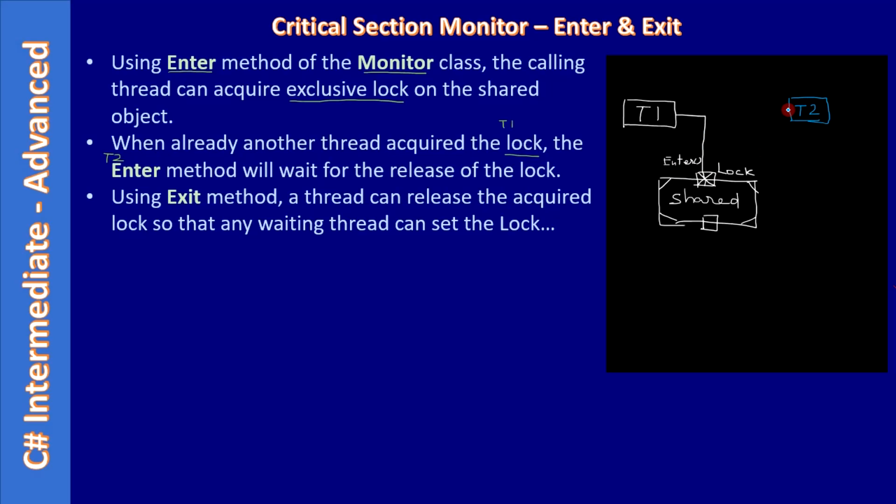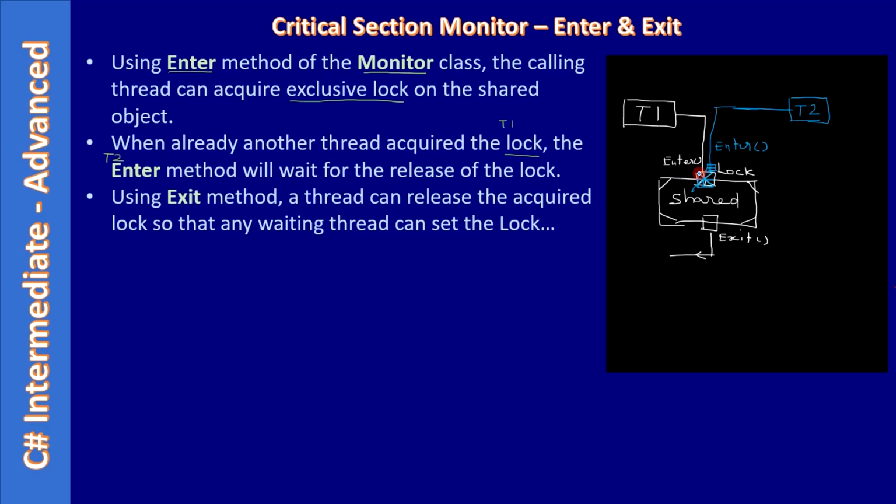And consider there is one more thread T2 which is trying to acquire the lock and is also calling the Enter method. So the call will be blocked here because the shared resource is already locked by thread T1 and it is using it. After using the shared resource, thread T1 will release it using the Exit method. Once it calls the Exit method and leaves the shared object, thread T2 will get a chance to acquire the lock.